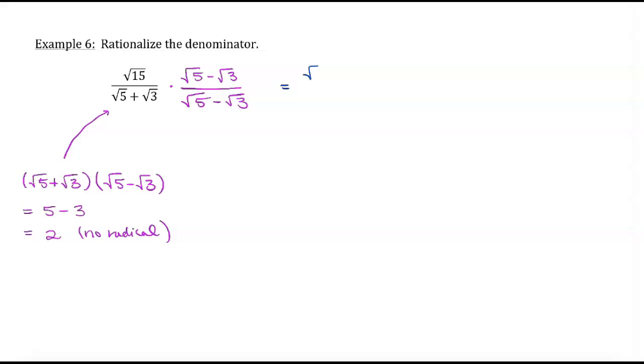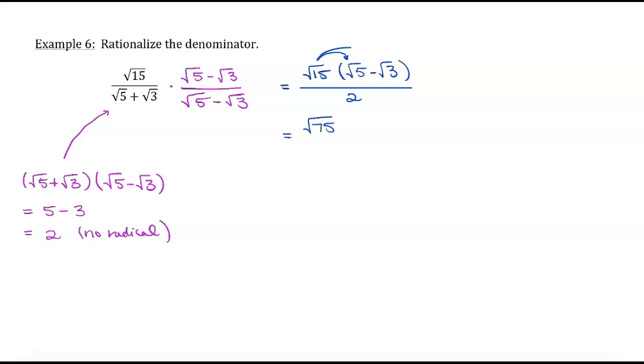This gives us root 15 times root 5 minus root 3 in the numerator and simply 2 in the denominator, or 5 minus 3. Distributing in the numerator, we first have root 15 times root 5, or the square root of 75.